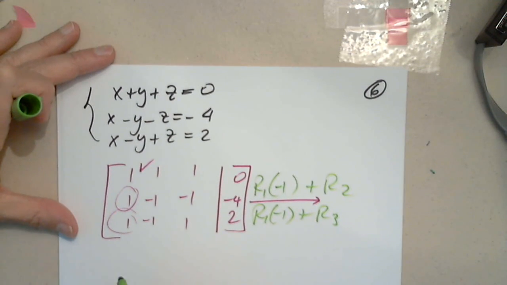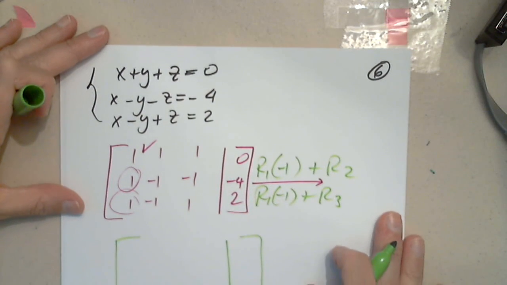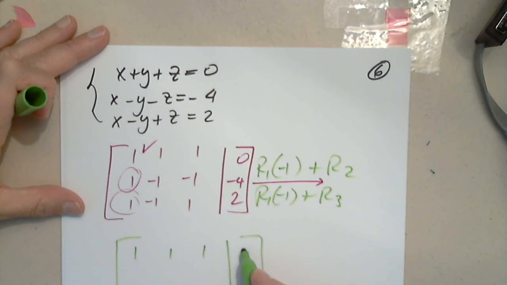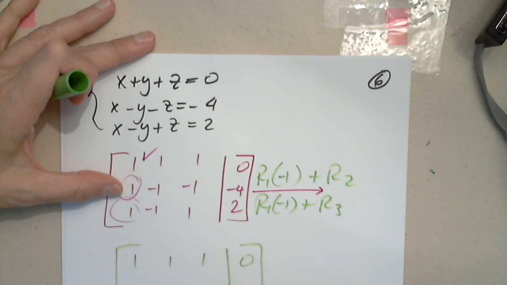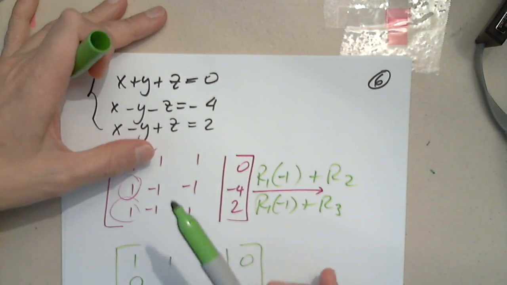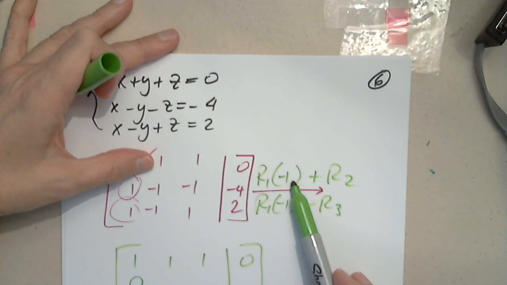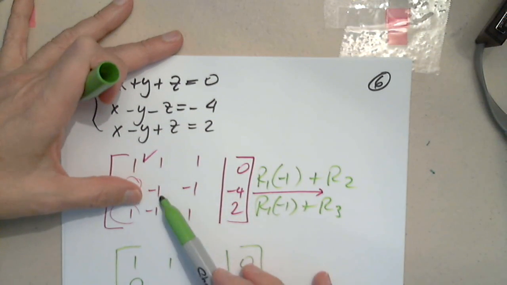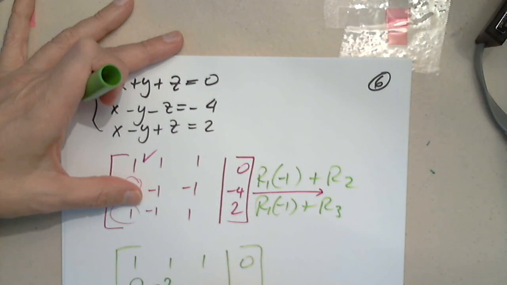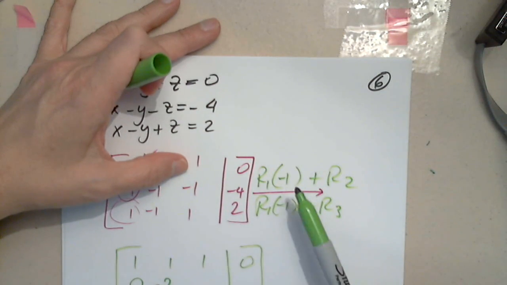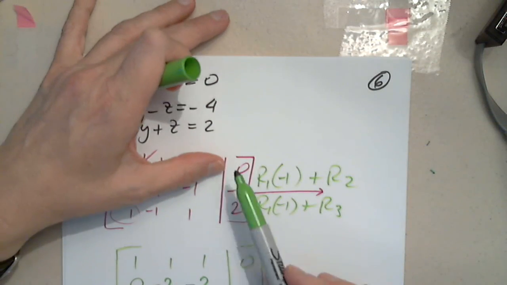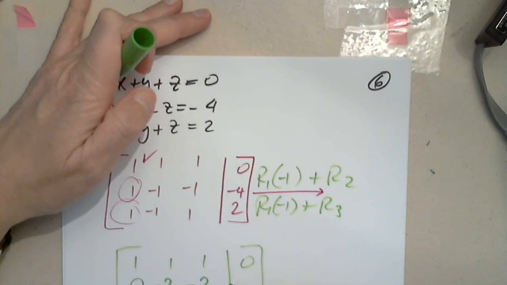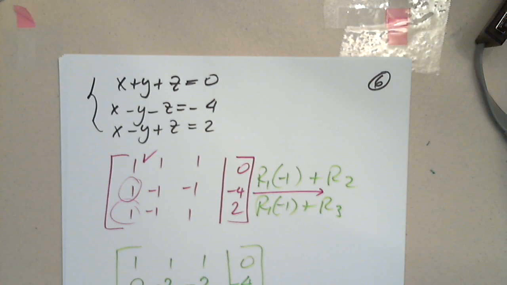Which row do I copy? The first row. Yes, so 1, 1, 1, 0. 1 times -1 plus 1 is 0. 1 times -1, -1, minus 1, -2. 1 times -1, -1, minus 1, -2. 0 times -1, 0, minus 4, minus 4.